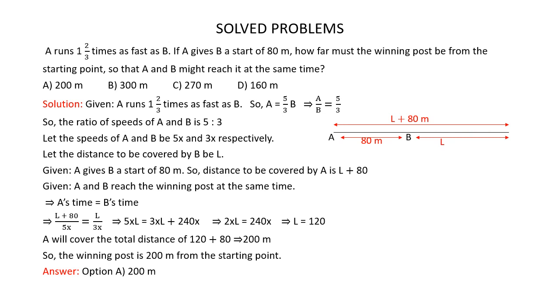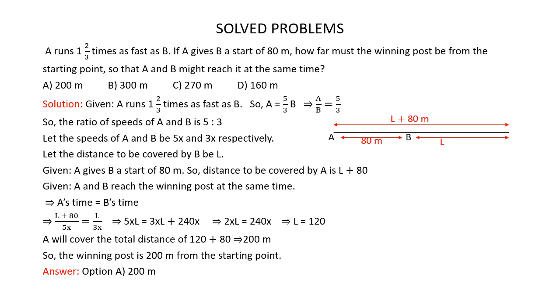Now it's given that A and B reach the winning post at the same time. That is, A's time to reach the winning post is the same as B's time to reach the winning post. We know that A's time is equal to A's distance divided by A's speed, and B's time is B's distance divided by B's speed.